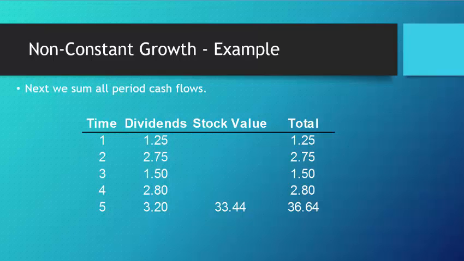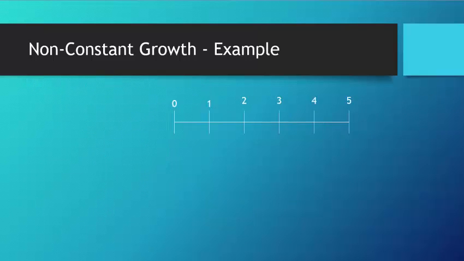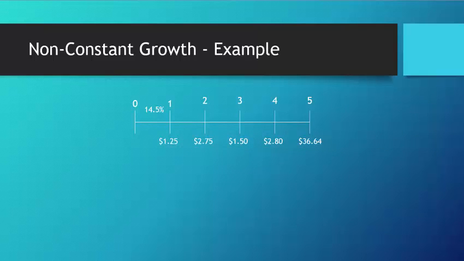And so we're going to do a net present value of all of them, or we could do them all separately. So to see what we're doing if we do them all separately, we have 0 through 5, and we put all of our numbers in there: $1.25, $2.75, $1.50, $2.80, $36.64, and time 5, which includes all of the other cash flows, or at least the cash flows in time 5.